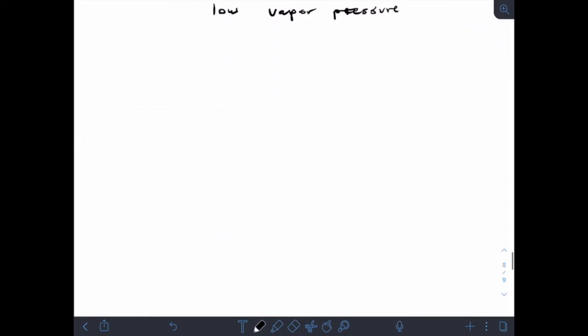at a new thing, phase diagrams. Okay, and phase diagrams are a pictorial representation of how pressure and temperature affect what state of matter or what phase of matter things are. Okay.